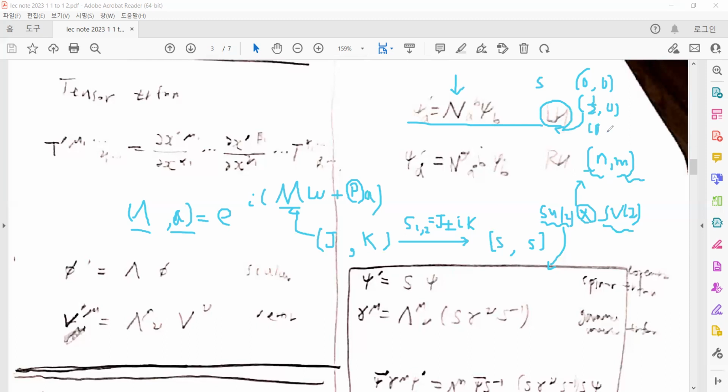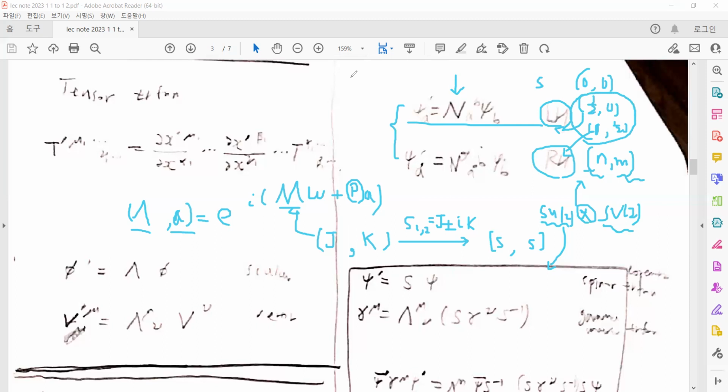And the (0, 1/2) representation corresponds to the right-handed spinor. These are two-component spinors, and if we consider the direct sum of the left-handed and right-handed, this is a four-component spinor. Thus, we can construct the vector as the spin-one representation from this (m, n) representation.